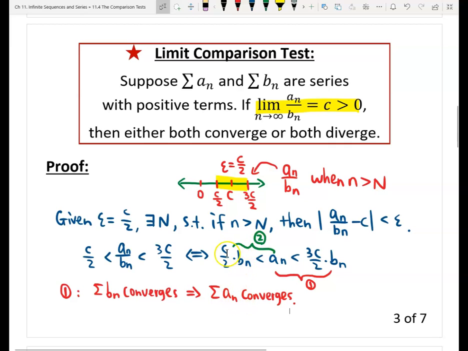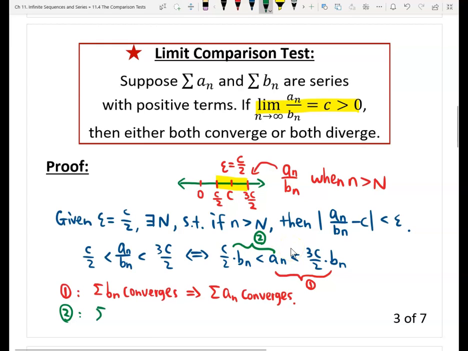And then, based on the second direct comparison, what do we have? Let me write. Based on the second, if bn this time is the smaller one, and bn diverges, what do we have? an diverges too, right?